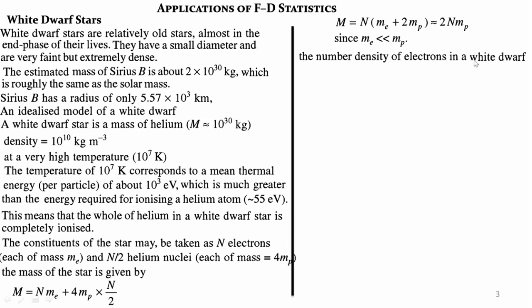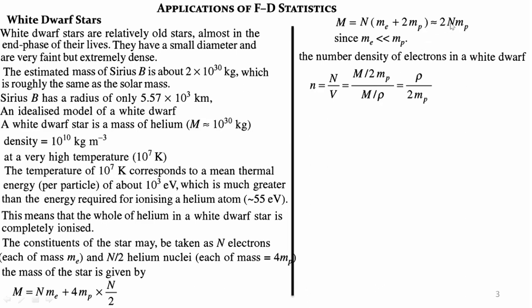Now the number density of the electrons in the white dwarf can be estimated from the simple expression, right? Number of electrons per unit volume. You know, N is total number of electrons, correct? And then if we put the expression for N, the number of electrons will be equal to the total mass M of the star divided by 2 into mass of the proton.